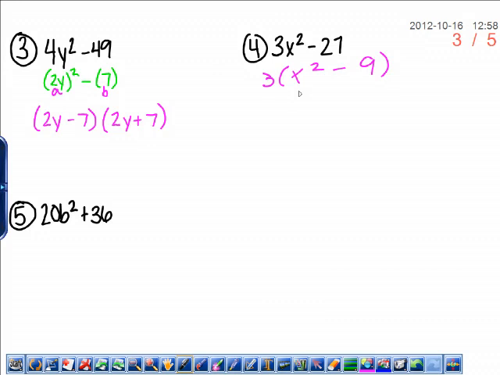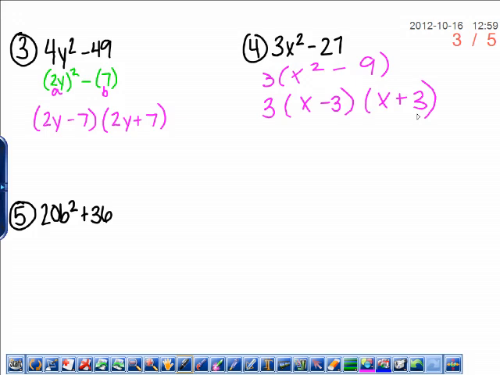Now that's a difference of squares. So what happens to that 3 on the outside? Stays on the outside. And what am I left with? X minus 3 times x plus 3. What questions do you have about that? No, you don't have to add any additional brackets because they're all being multiplied together.